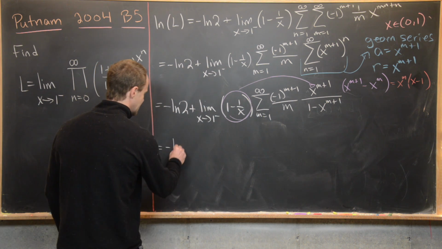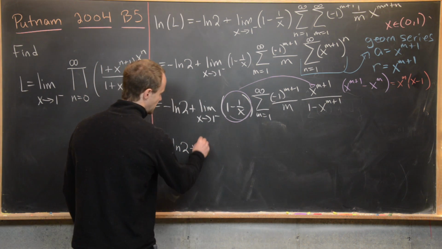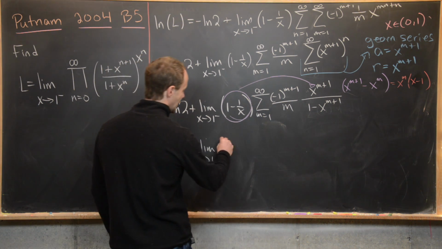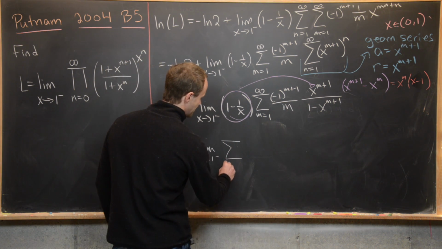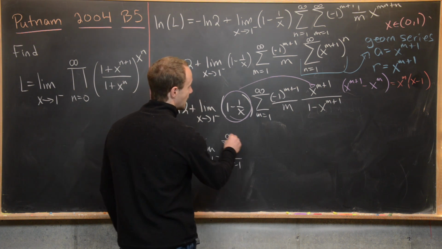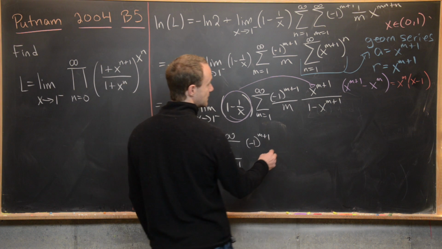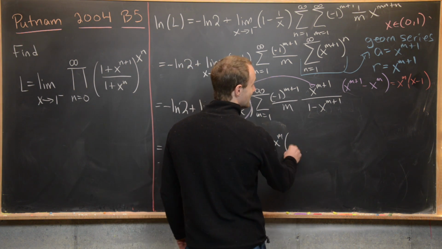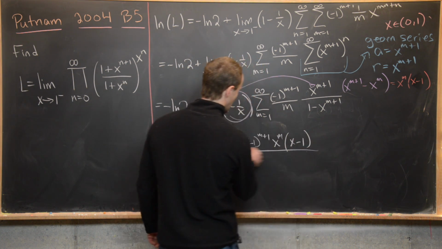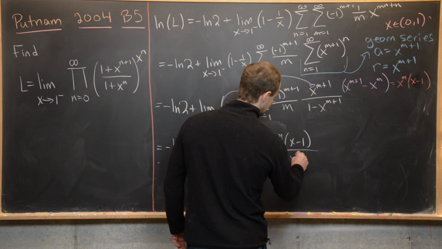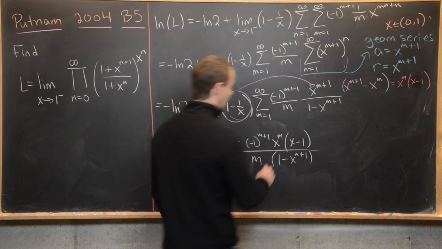Okay, good. So let's maybe go ahead and bring that down. So here we have minus natural log of 2 plus, again, this limit as x goes to 1 from below. And then we'll have this sum as m goes from 1 up to infinity of minus 1 to the m plus 1, and then x to the m, x minus 1 over m times 1 minus x to the m plus 1, like that.